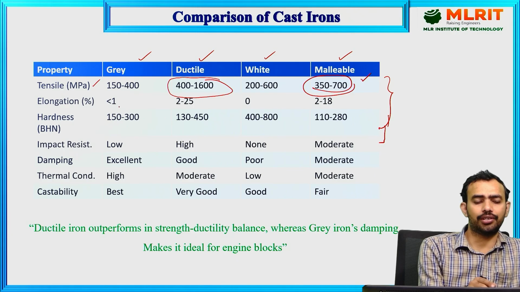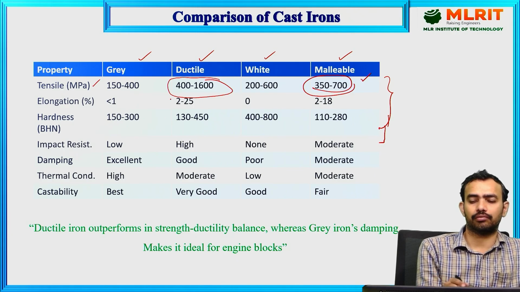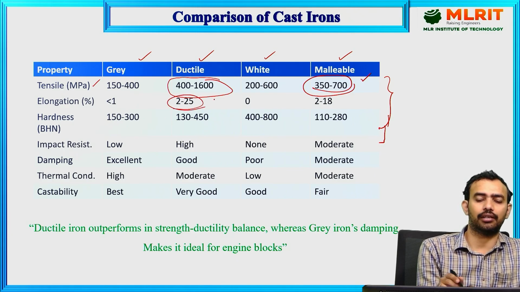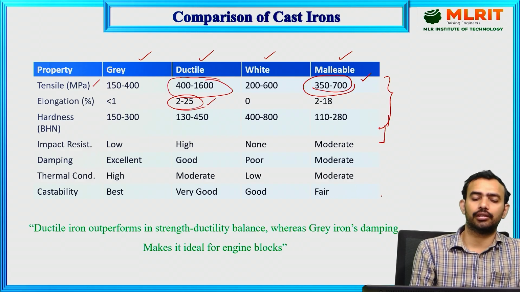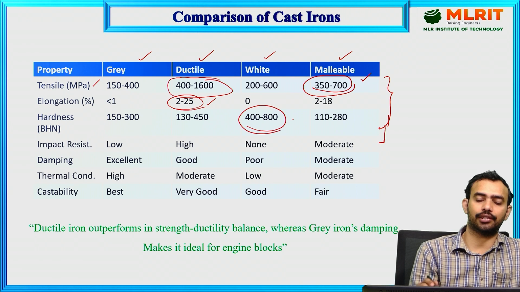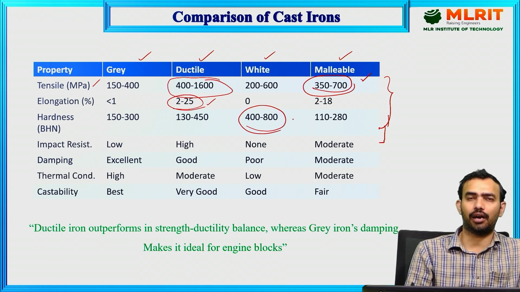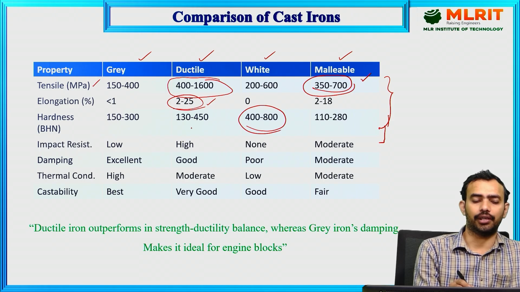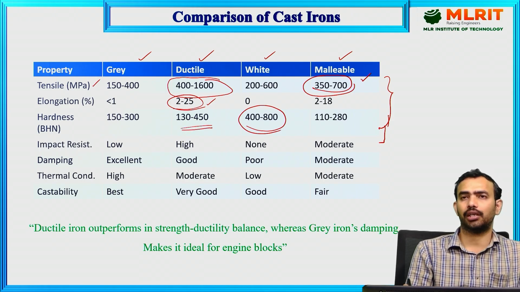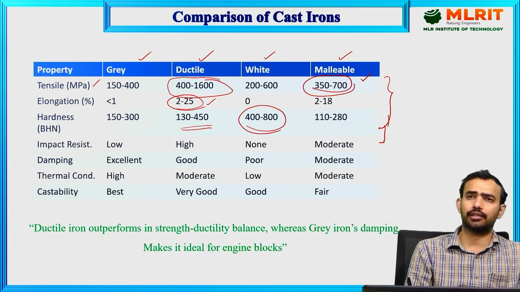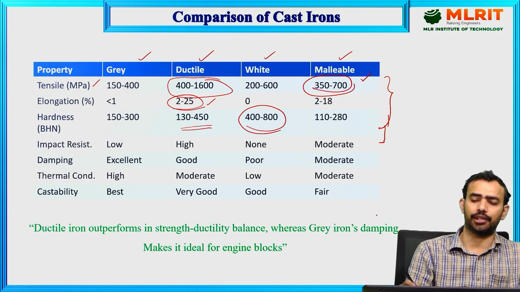Then elongation percentage. Here ductile iron again offers very good elongation. Then hardness, as we are aware, white cast iron is a very hard material. Then we have a trade-off with ductile material also. You can produce harder, stronger materials.